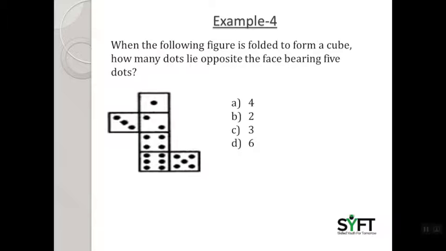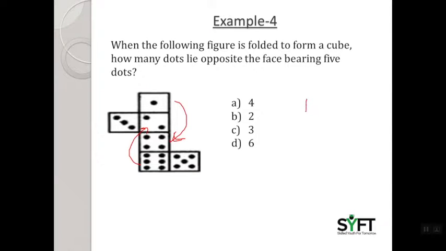In this example, we have to find which one lies opposite to 5 dots. In a similar way, we have to find out which one is opposite. This is opposite to this one, and this one is opposite to 4, and 6 is opposite to 2.